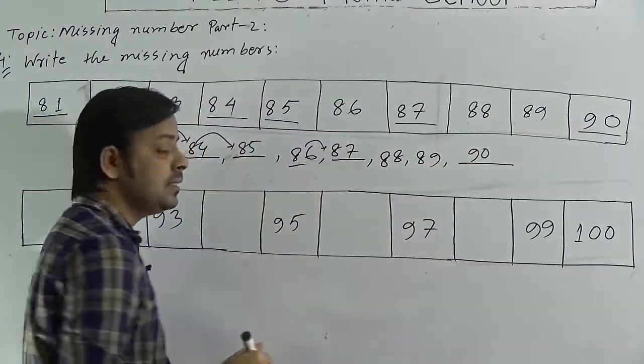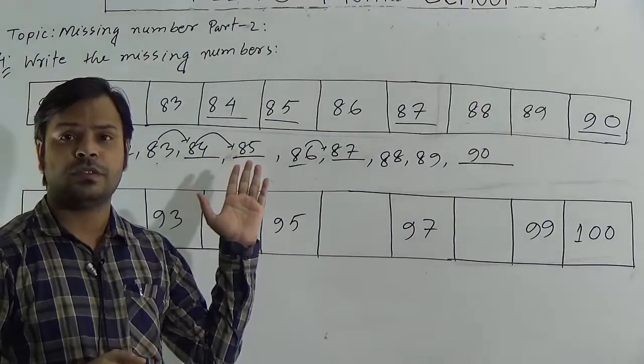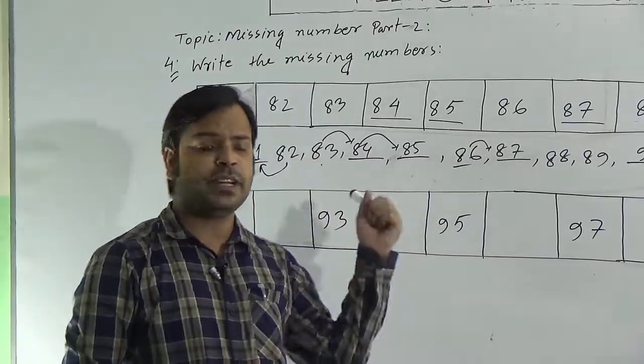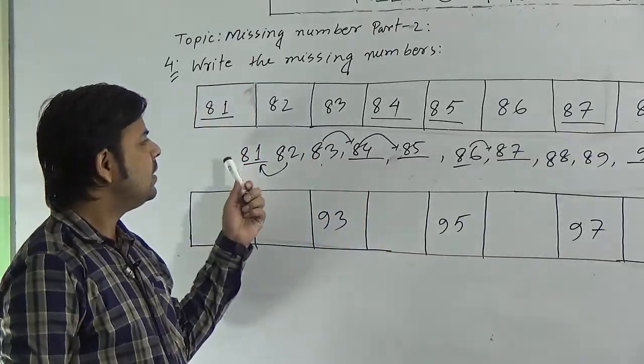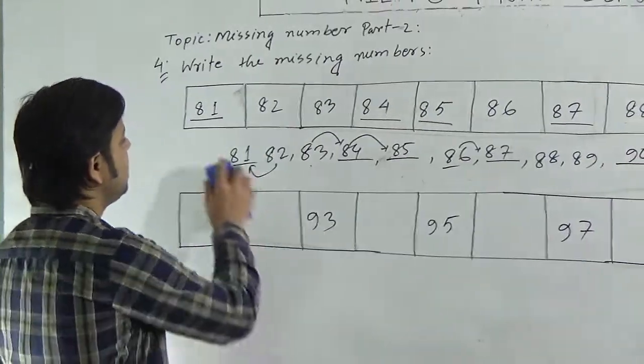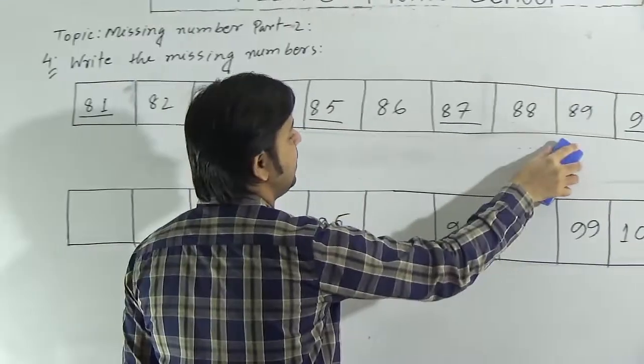You have learned this in the classes of writing words and writing numbers. So you can fill up these blanks using this technique also. Okay dear students, now go to the next question.